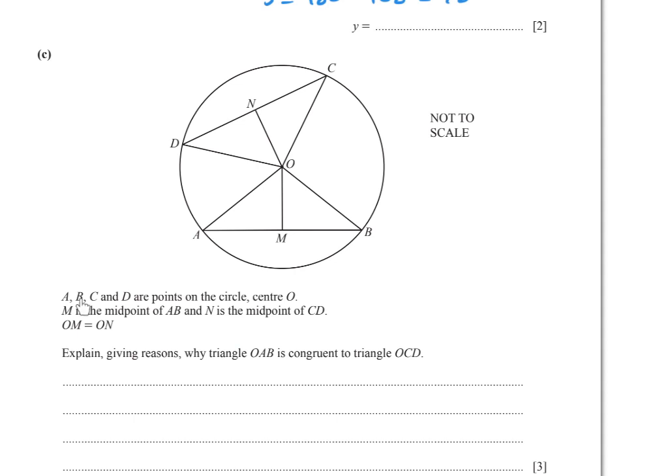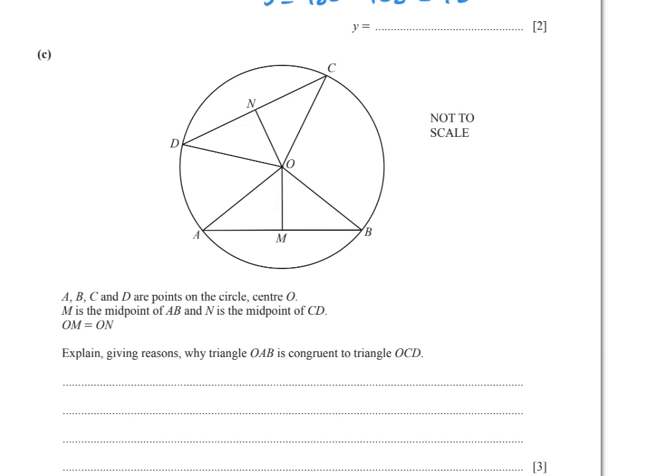A, B, C and D are points on the circle, center O. M is the midpoint of AB, N is the midpoint of CD, OM equals ON. Explain, giving reasons, why triangle OAB is congruent to triangle OCD.